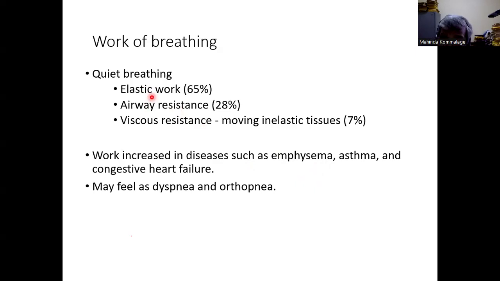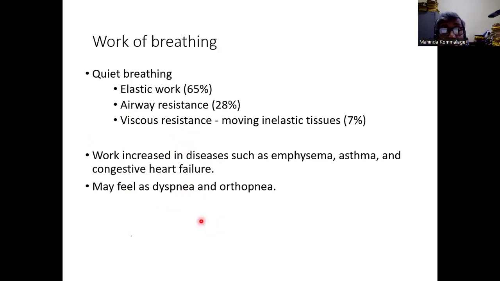So we need to put in extra effort to expand the alveoli. In congestive heart failure, pulmonary edema, or fluid accumulation, will occur. That also makes it difficult to expand the lung because of the water there, in the interstitium. At the tissue level, there is water. So all this will increase the work of breathing.